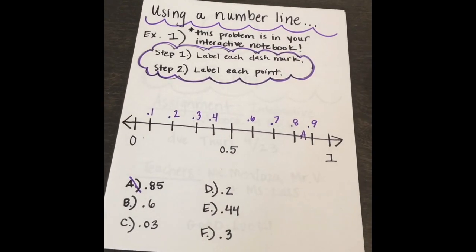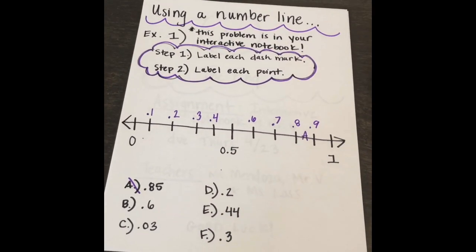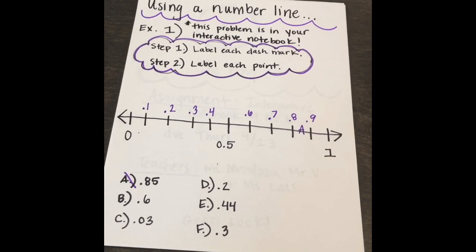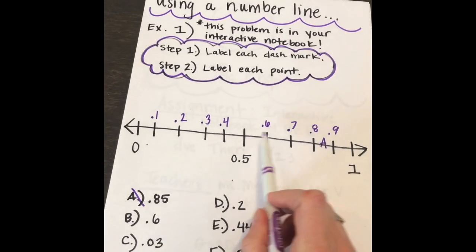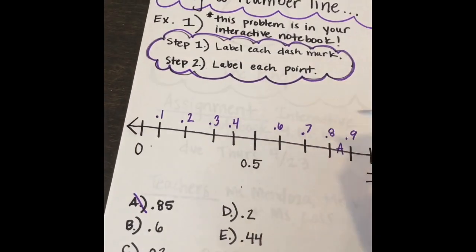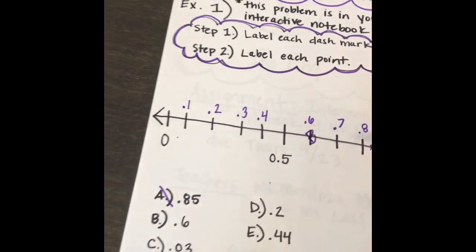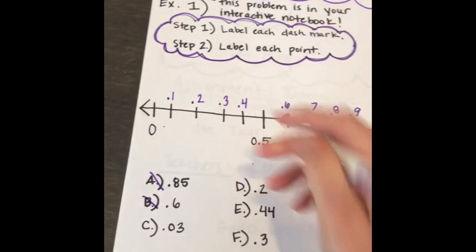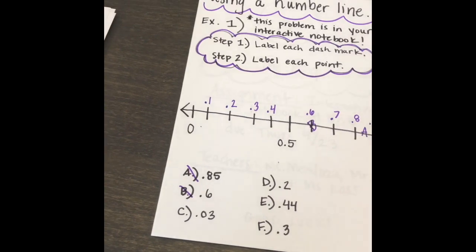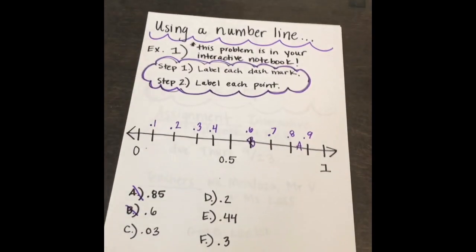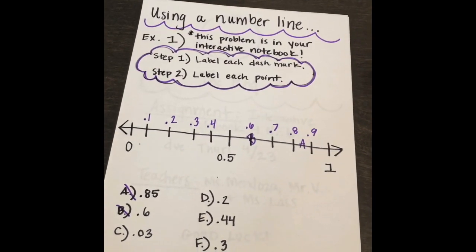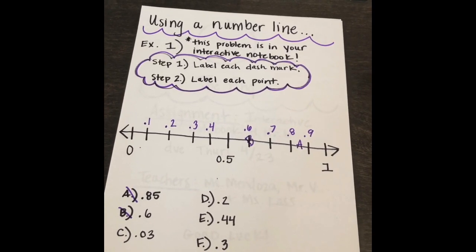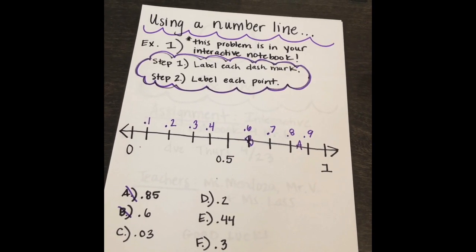B asks us to place B at 0.6 or 6/10. So I have already labeled that, luckily, so I'm going to place that really easily there. Now, for C, we see 3 hundredths.